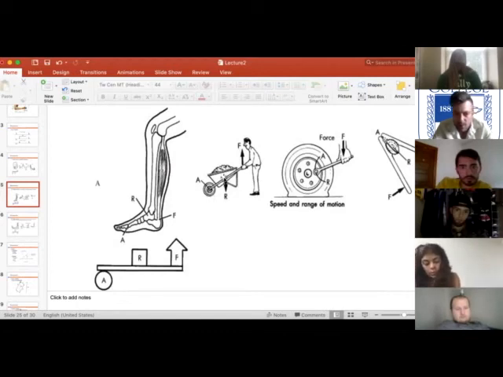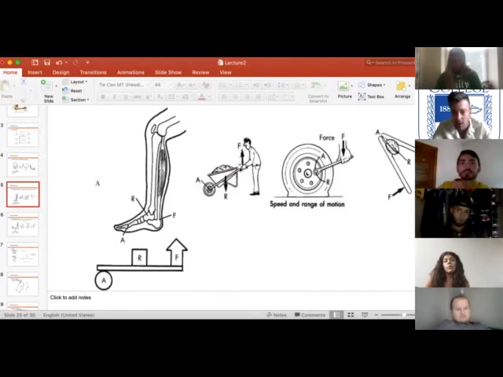So the torque associated with the resistance here, because the resistance force is happening much closer to the axis of rotation than this muscular force, the torque associated with this resistance, although the force associated is much more, the overall torque is less, because this muscular force is acting at a greater distance away from the axis of rotation.